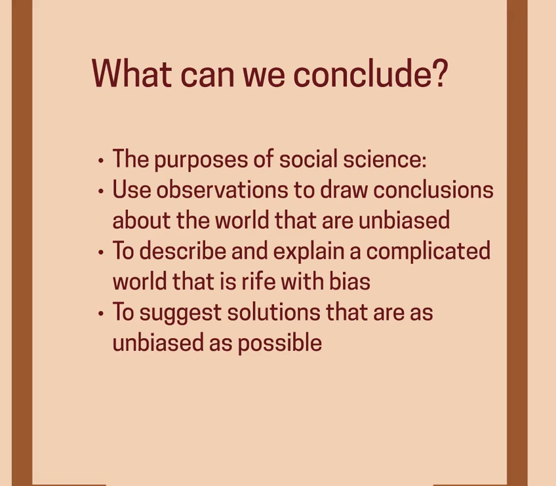Bias and opinion and prejudice about things are inherent to the nature of humanity. And so often when we try to understand the world, we bring those things with us. But what science tries to do is find ways to answer problems about the world in an unbiased way, and then ultimately to suggest solutions that are going to be unbiased as well.